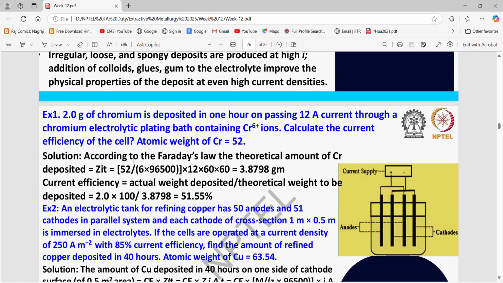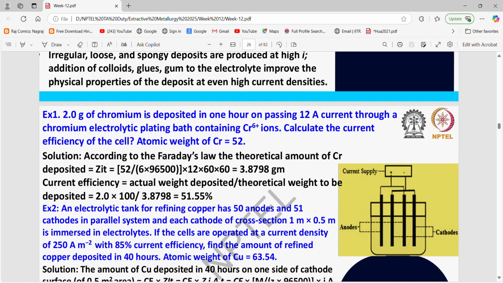Atomic weight of chromium is given. So according to Faraday's law, the theoretical amount of chromium which can be deposited is equal to ZIT, where Z is the mass equivalent, I is current, and T is time in seconds.